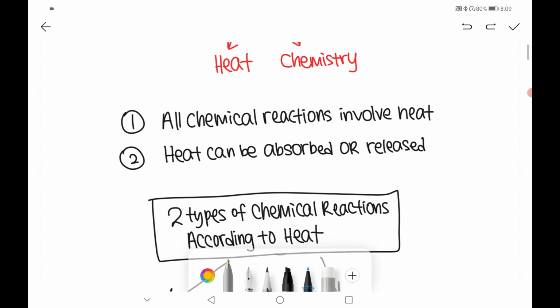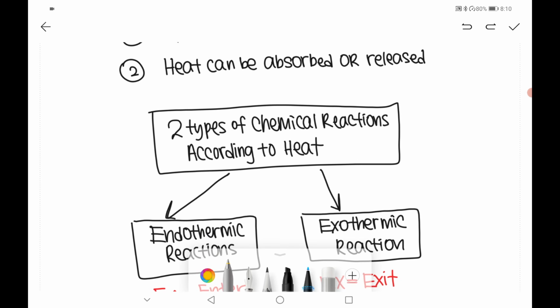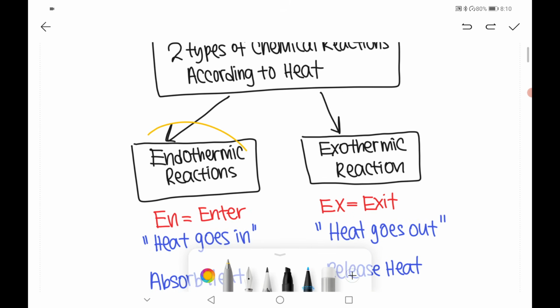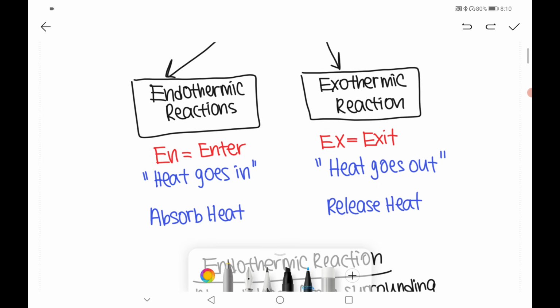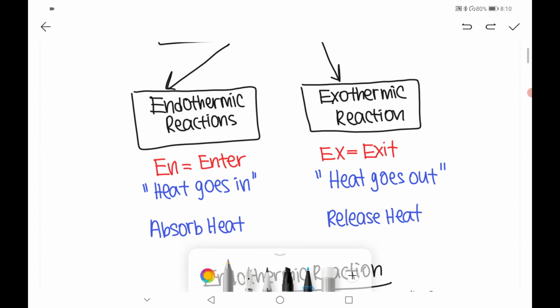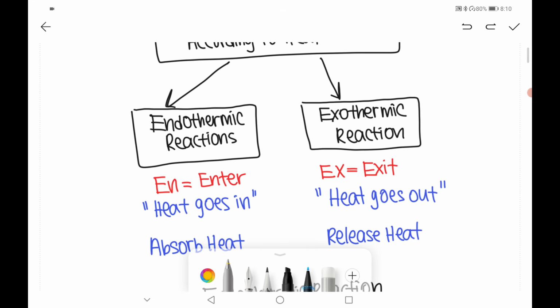Next, we have two types of chemical reactions according to heat. If we want to use heat to classify chemical reactions, we have two types. The first one is called endothermic reaction. The second one is called exothermic reaction. So what is an endothermic reaction? How to memorize it?